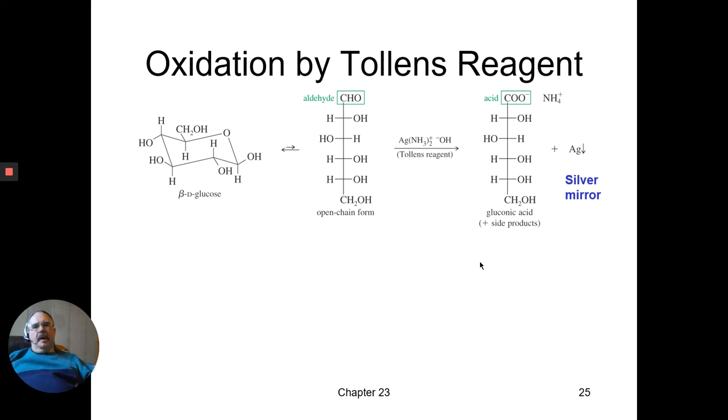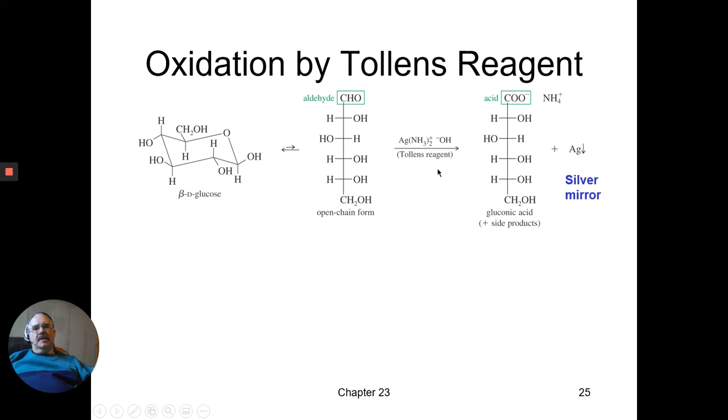Okay, oxidation by the Tollens reagent. This is a reaction that we commonly do in lab. Here we use the diamine silver complex.